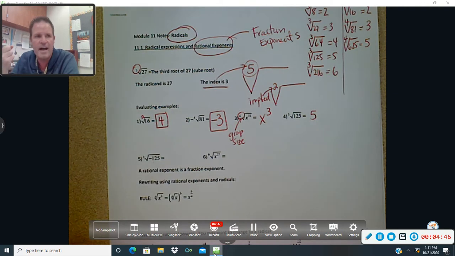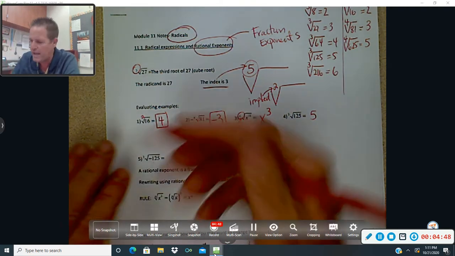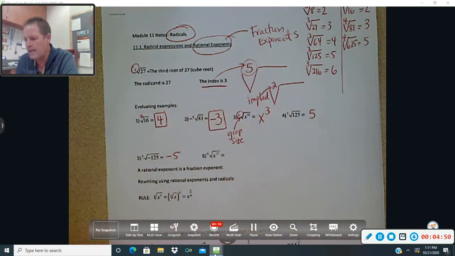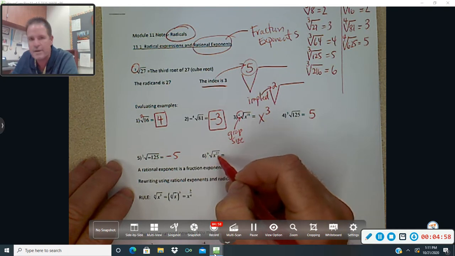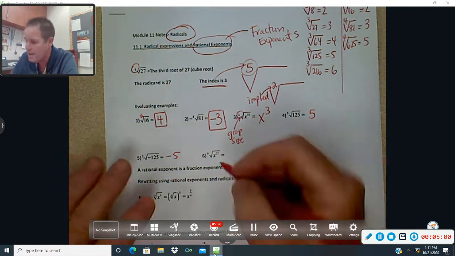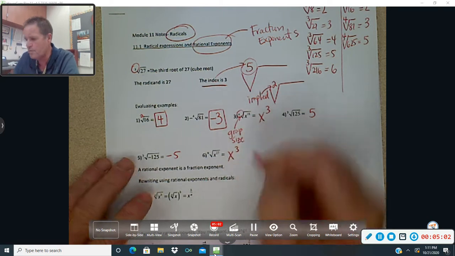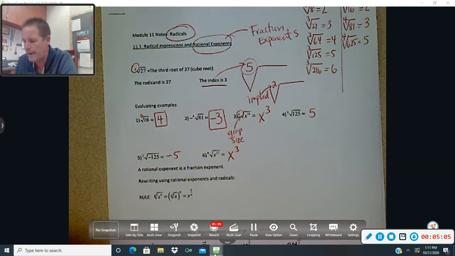Because negative 5 times negative 5 times negative 5 would be negative 125. Okay, coming back to this letter here, group size of 9. How many groups of 9 are there in 27? It's like you divide it in there. It goes in there 3 times. So x cubed is going to be my answer. Again, we got a lot of work to getting that to where we understand it.